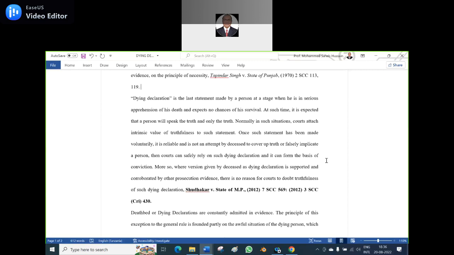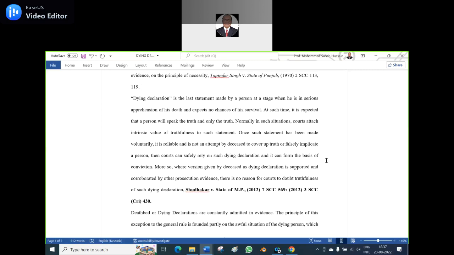So more so, where the version given by the deceased as a dying declaration is supported and corroborated by other prosecution evidence, there is no reason for courts to doubt its truthfulness. Of course, truth is truth. That's why we say naked truth.